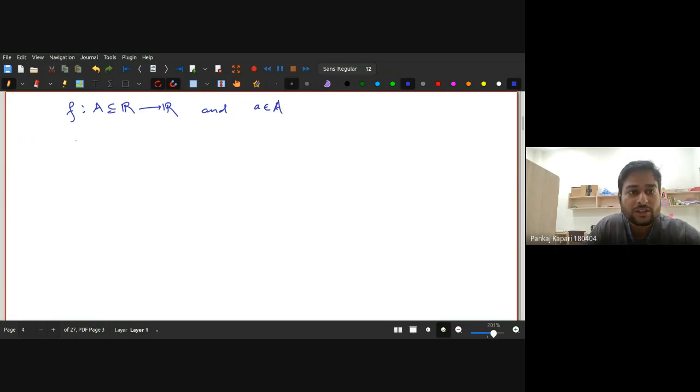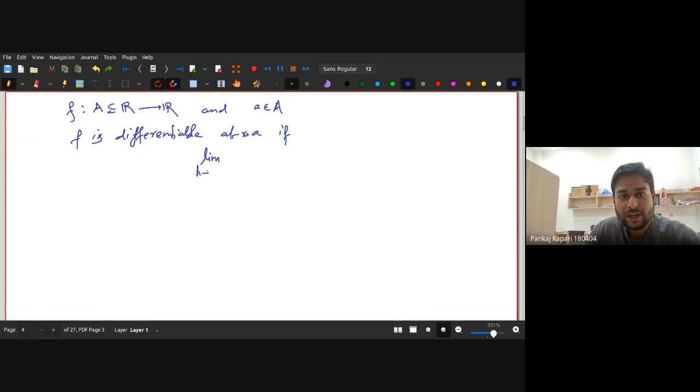So we say that f is differentiable at a point, which here we have fixed at a or at x equal to a, if the following limit exists. The limit h going to 0 of f of a plus h minus f of a divided by h, if this limit exists.